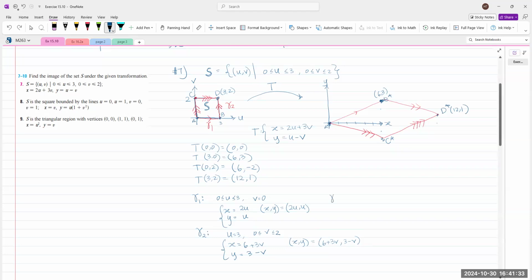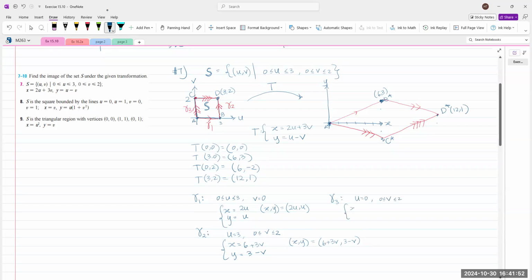Okay, how about gamma 3? This is gamma 3 here. That's when u equals 0, and then v is from 0 to 2.